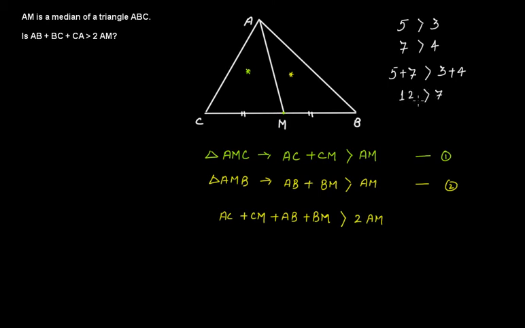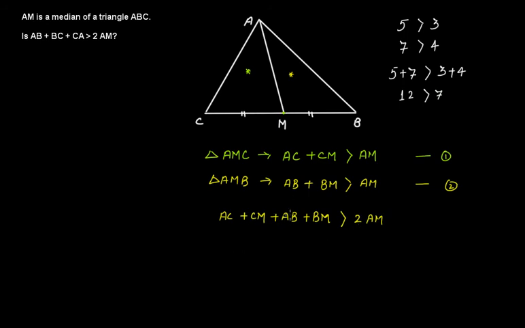So of course 12 is greater than 7. Here we have AC plus CM greater than AM and AB plus BM greater than AM. If I add these two, it will be greater than 2AM.